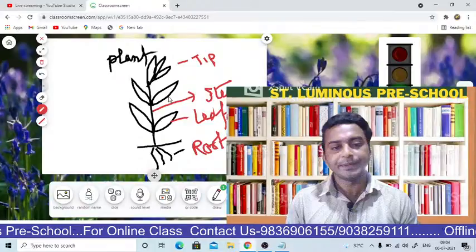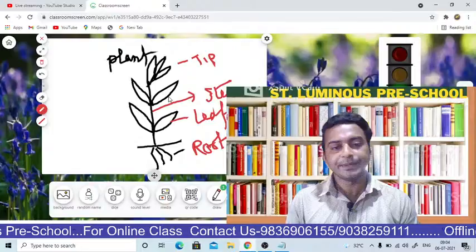Whereas the leaf is the upper part of the stem. You know, the stem is the upper part where leaves are growing.